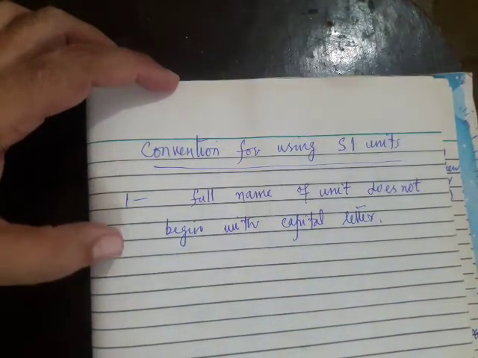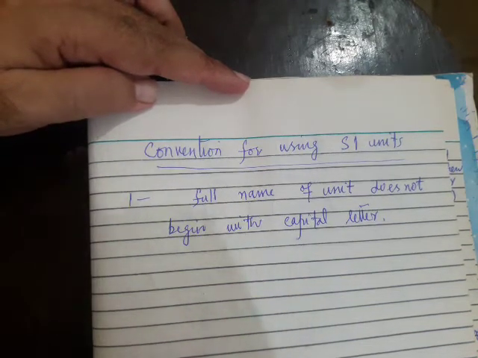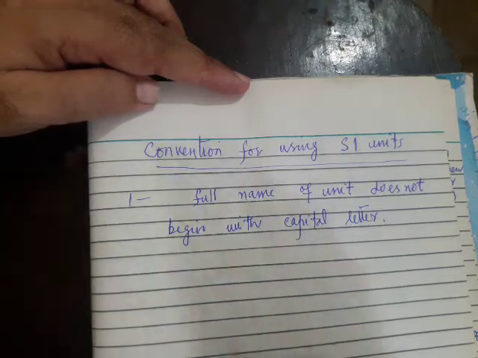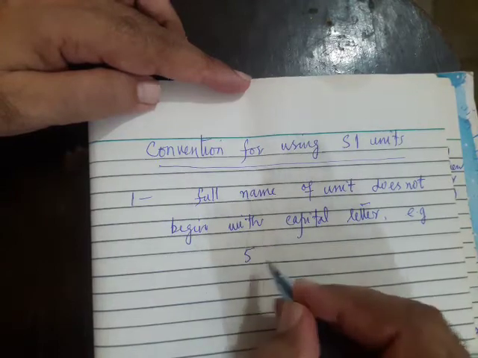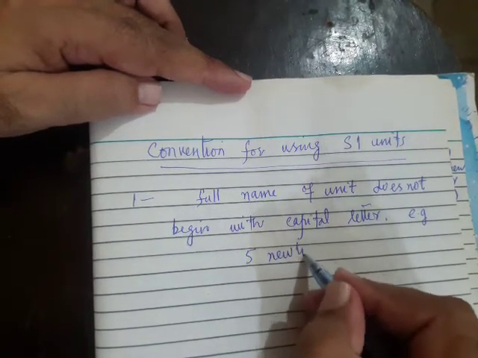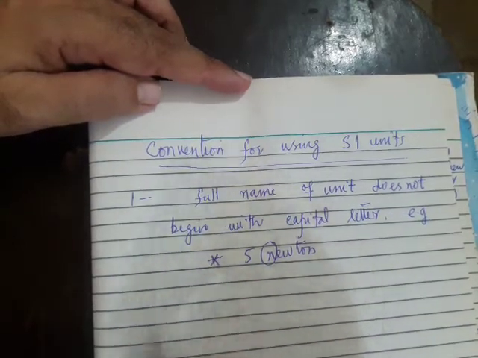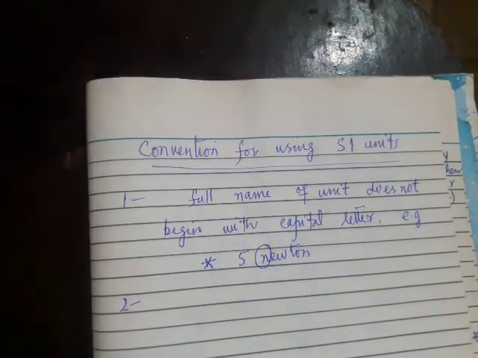Again, this rule is against the rules of English grammar, where we always write the name of a person with a capital letter. For example, 5 newton. Look, n is in small letters. Similarly, we can write other units.